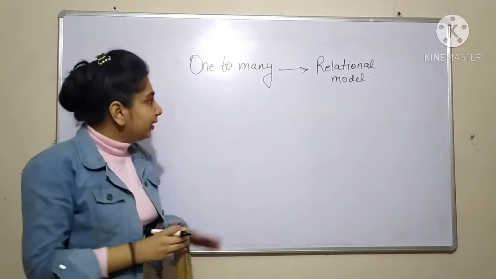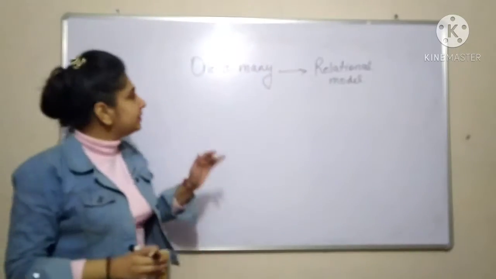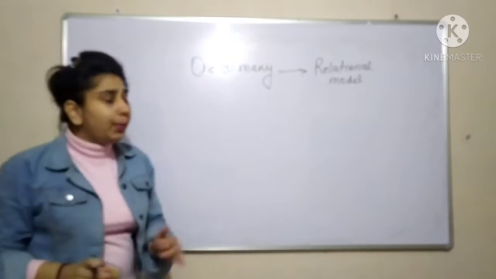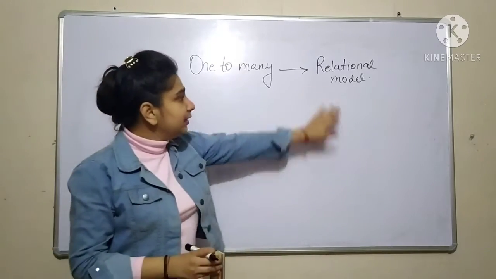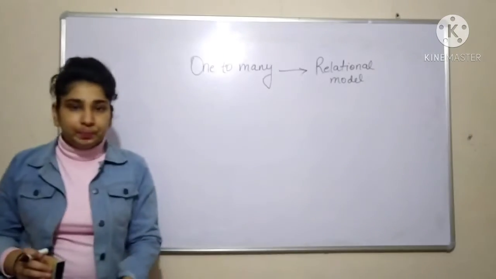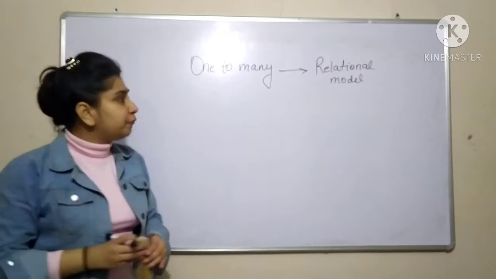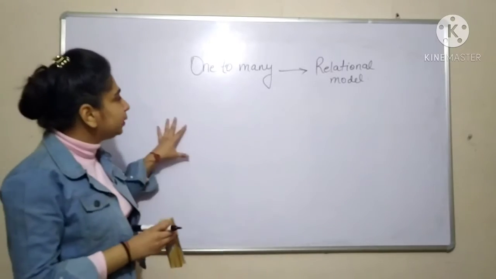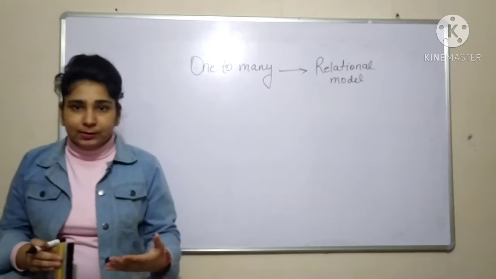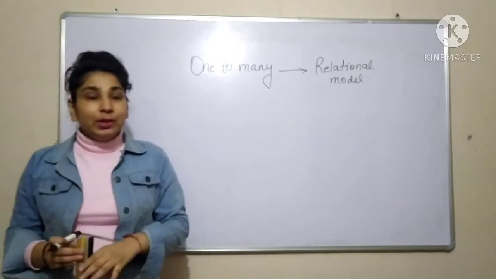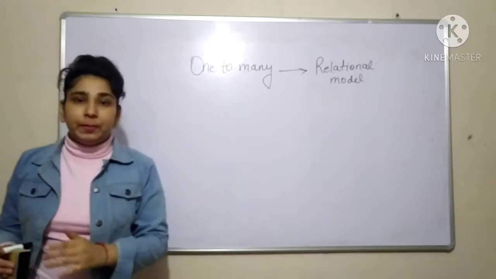In the last video we discussed how we can convert a one-to-one relationship into the relational model. This is the fourth video on conversion from ER model to relational model. It is a very important topic.